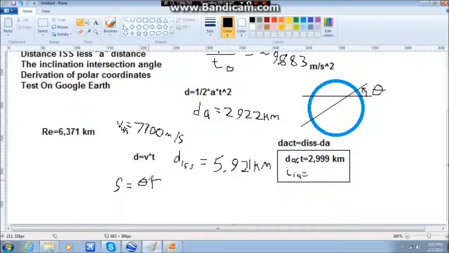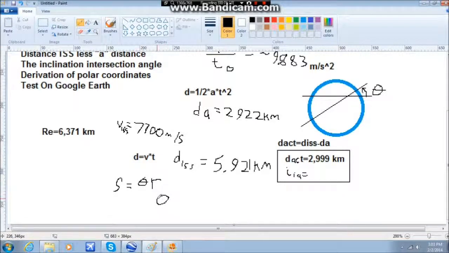So we have this formula here. We know S, we know R. By the way, S, the arc length, is going to be set equal to d actual. So this becomes d actual is equal to theta times the radius of the Earth. And we know both.